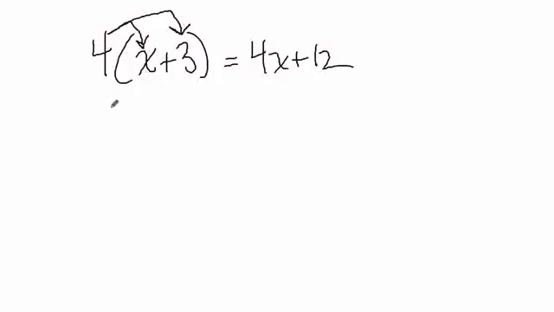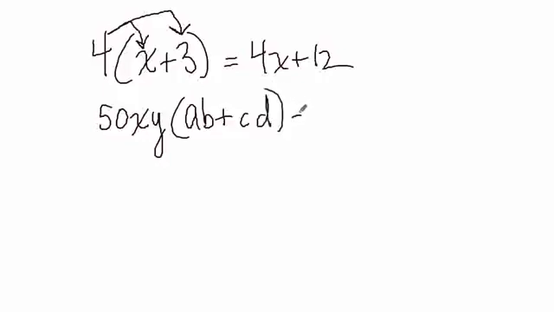You can have more complicated distributions, like maybe you have 50x times y on the outside, and on the inside you have the product AB plus CD. Still the same idea: you take the blob on the outside and multiply it by each of the blobs being added or subtracted inside the parentheses.